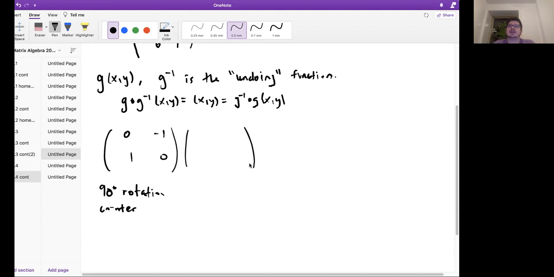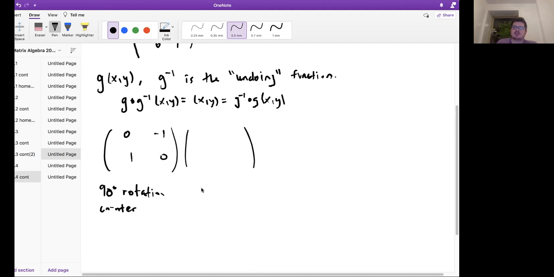How do you undo a 90-degree rotation? You just forget about matrices for now. How do you undo a rotation? Any rotation? Yeah, just rotate the other way around.